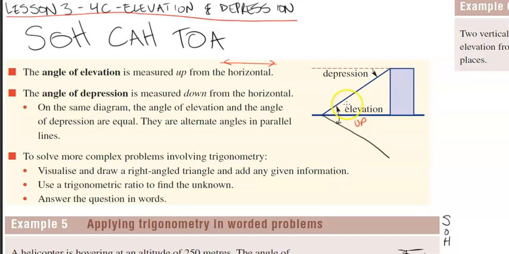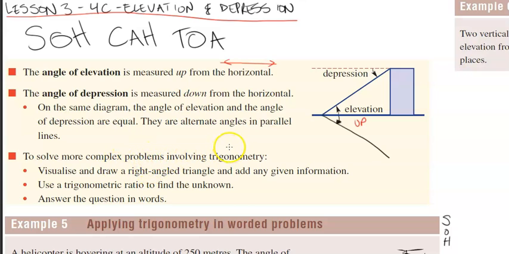It just really depends on what context the question is talking about, whether it's talking from the ground or the top of a certain thing, maybe a building or height of something flying, and we'll see this in a few examples.